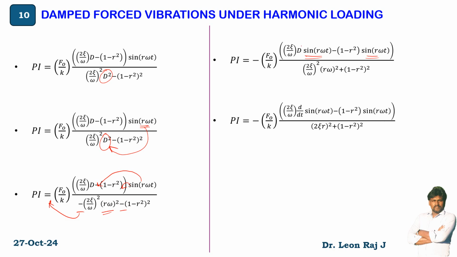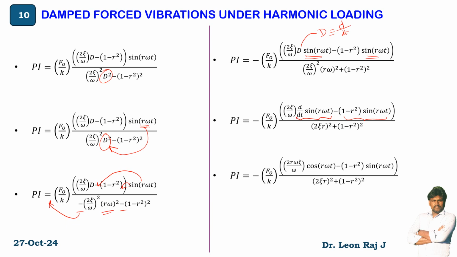So this d is nothing but an equivalent term for d by dt. So this d by dt, the sine r omega t needs to be differentiated one time. So in the second term, differentiation is not required. At 1 minus r square sine r omega t, the differentiation is not required.